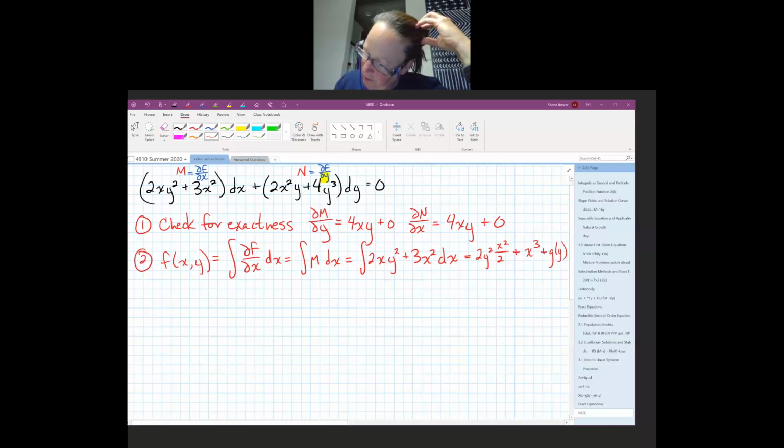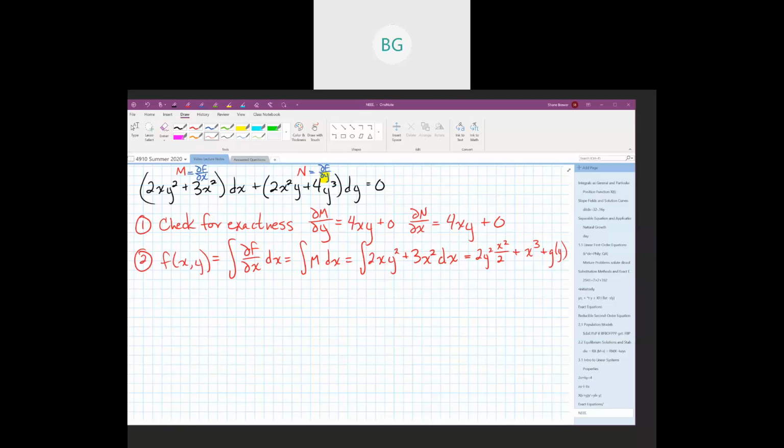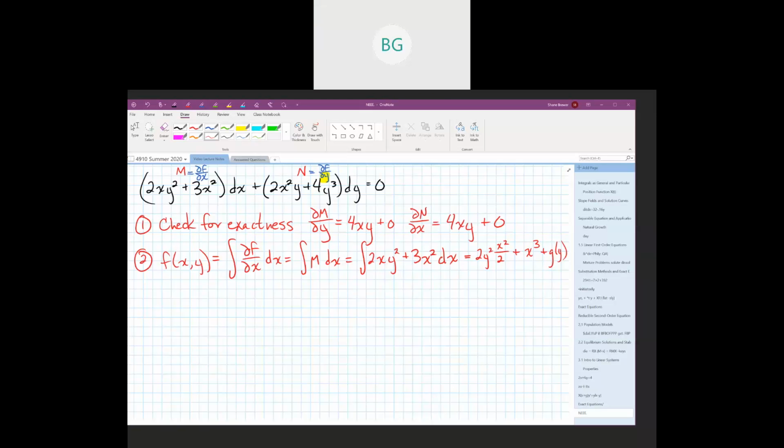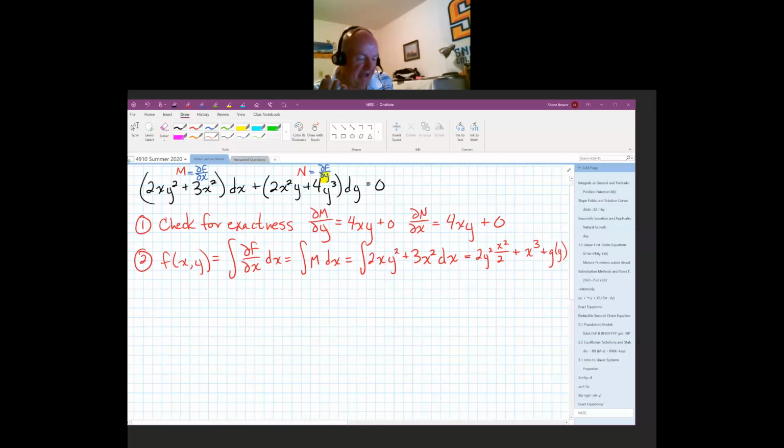The second term is going to be x cubed, but I got to figure out what's going to happen with that y squared on that first term. Becca, do you know how? Oh, did you already write it down? Okay. Yeah, it just stays there, because it's like a constant, right? Because we're dealing with respect to x, so the y is just like a constant. The y squared is just like the 2, right?